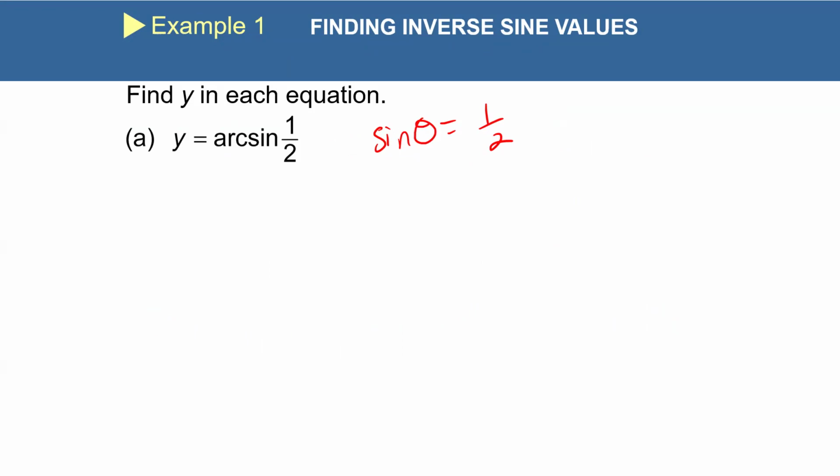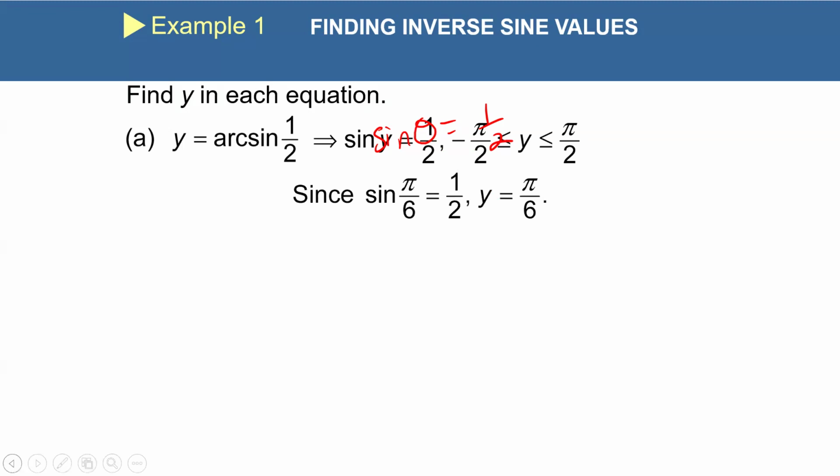Where else do I get a positive 1/2? Sine is positive in quadrant 1 and quadrant 2. So when you look at arc sine, it's asking you for what theta makes this true. Does that make sense?